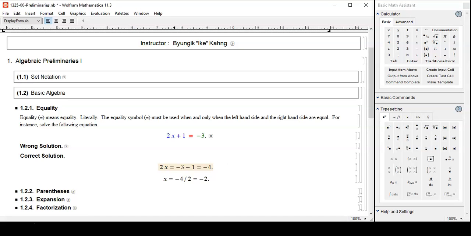That's the end of the first sentence. And then go over to the next sentence. 2x equal to negative 4, so divide by 2 from both sides. x equal to negative 4 over 2. That's negative 2. You got the correct answer, but not only that, you got the correct solution. Both are correct mathematical sentences.